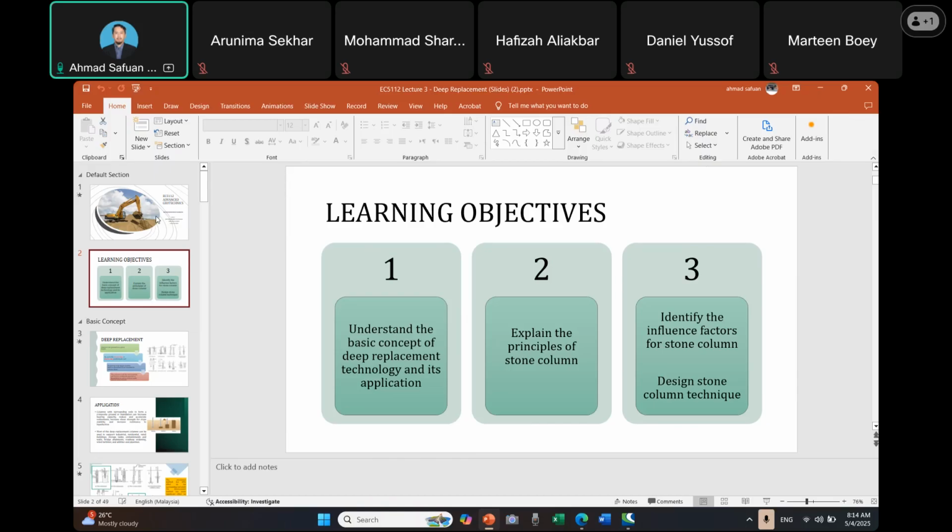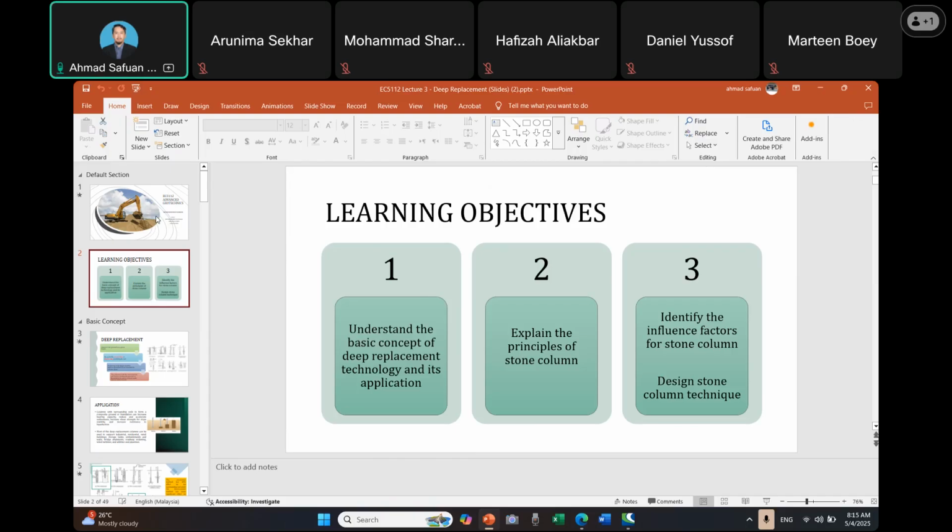However, for the calculations or design, we concentrate only on stone columns, for the design of the improvement of weak soil area.